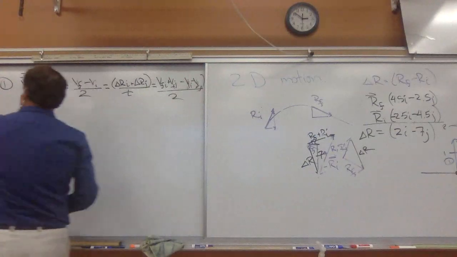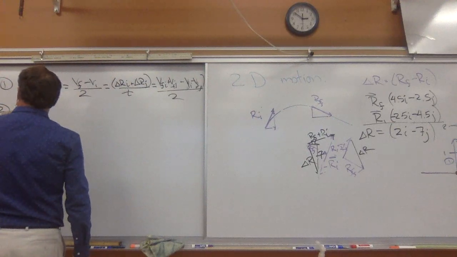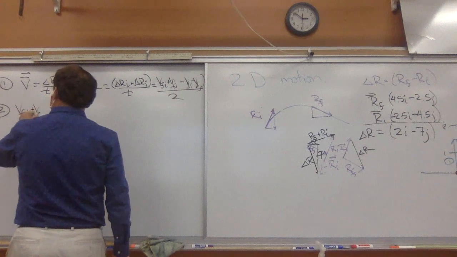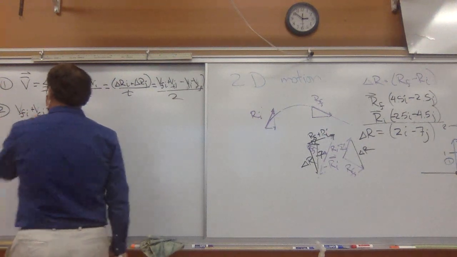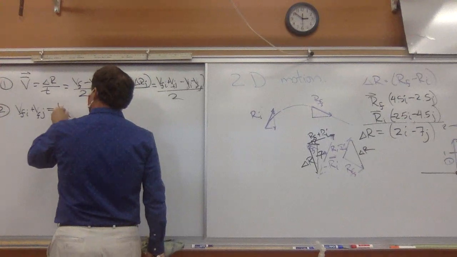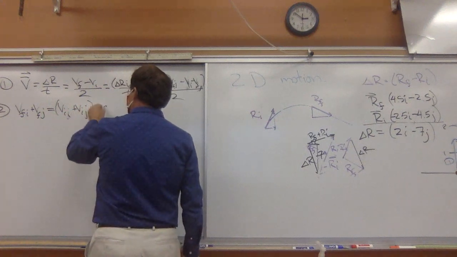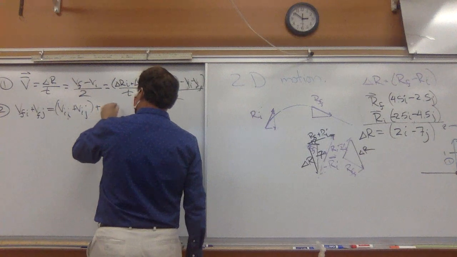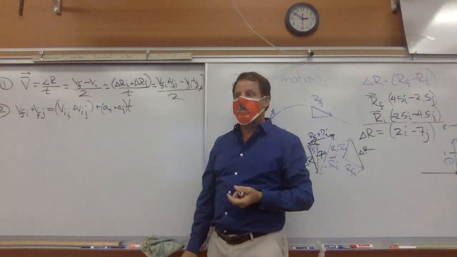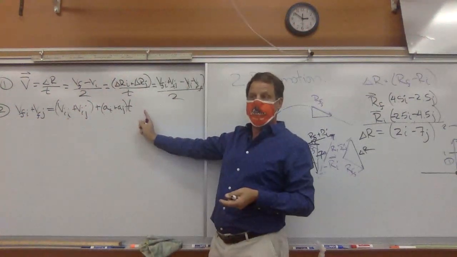Okay, so if we go to equation 2, now we're going to say V final, which would be V final in the I plus V final in the J, is going to equal V initial I plus V initial J plus A in the I plus A in the J times T. So we can see we're getting those components in the I and J. And it makes it look super complicated, right?